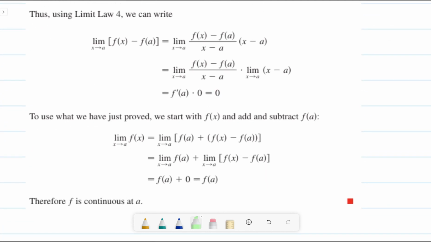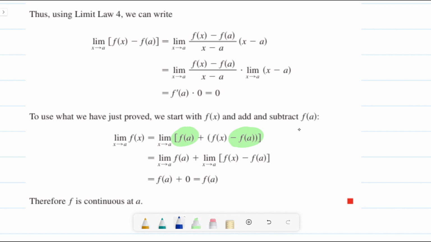So now we need to modify and play around with this in order to reach the limit of f of x as x approaches a. What will we do with it? We have the f of x here. What did we do to the f of x? We added f of a and we subtracted f of a.